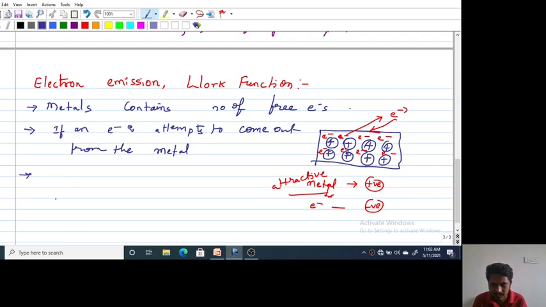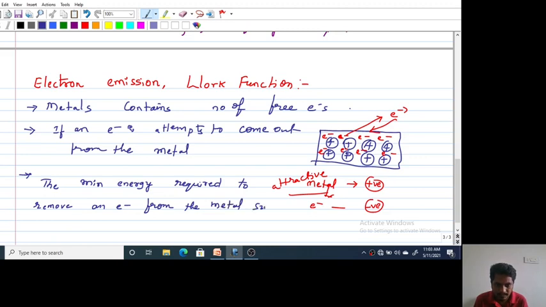The work function is the minimum energy required to remove an electron from the metal surface.